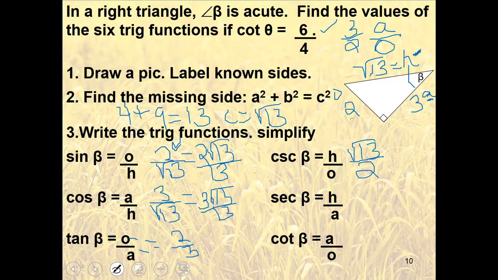Very nice. The secant of beta is the hypotenuse over the adjacent. So that is the square root of 13 over 3. Notice in these two cases, I don't have to rationalize the denominator because my square root is not in the denominator. And now my cotangent is what they gave me, which is 6/4 or 3/2. Just like that. Okie dokie.